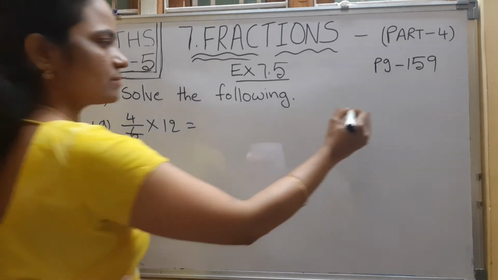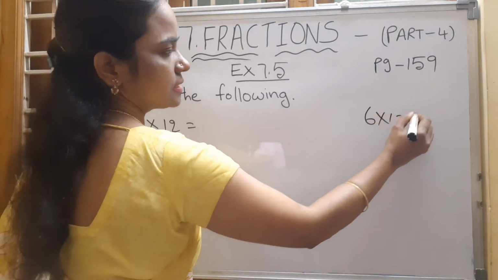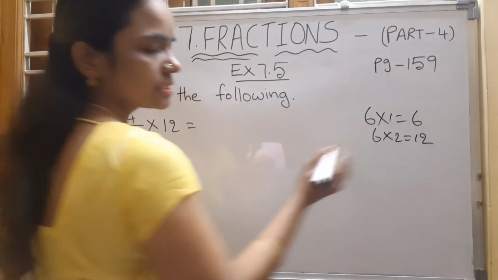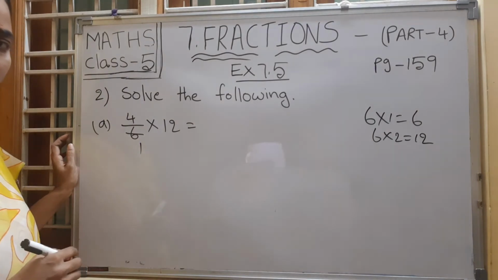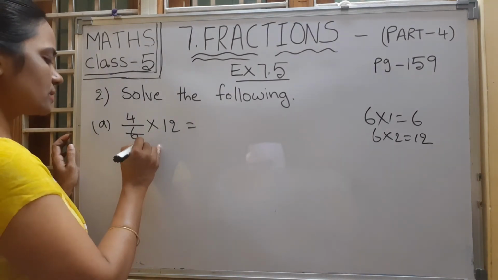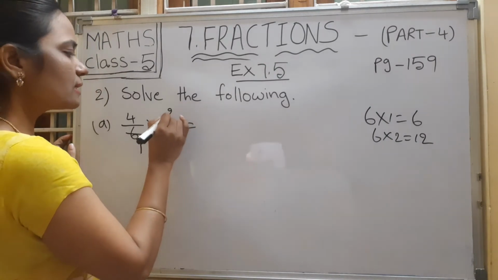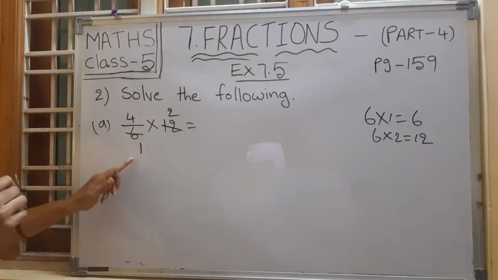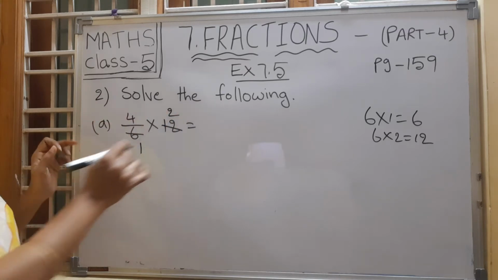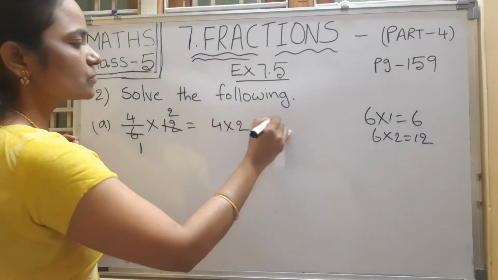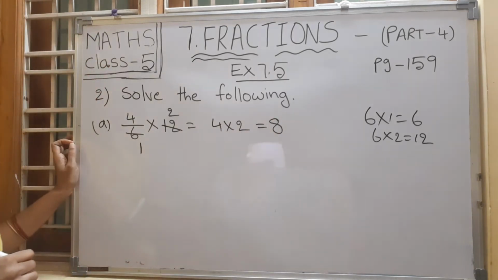So take the 6 table. 6 1s are 6. 6 2s are how much children? Yes. So 6 1s are 6, we know that 6 2s are 12. So cancel it and write up to 6 1s are 6, 6 2s are 12. So what is the answer? 4 into 2. 4 2s are 8 is the answer.